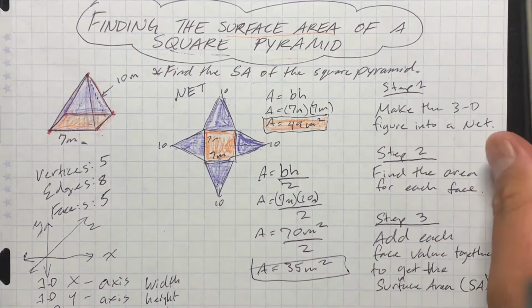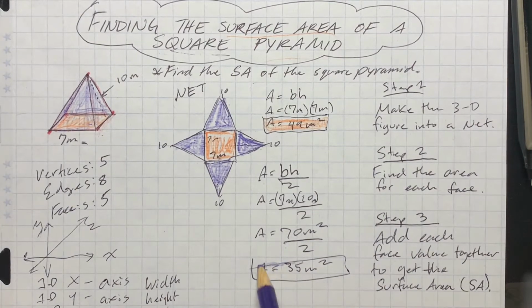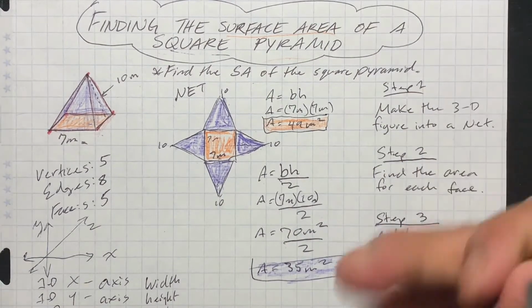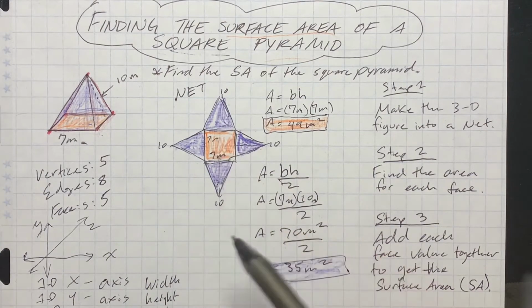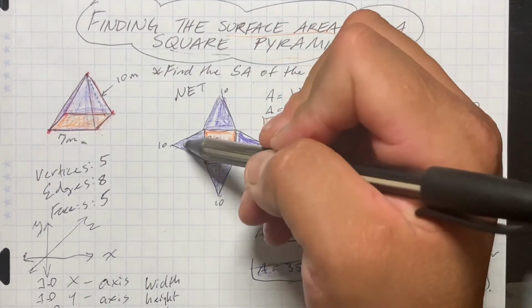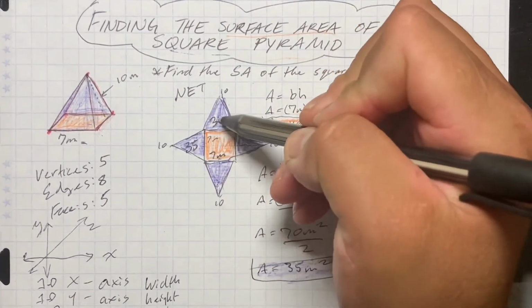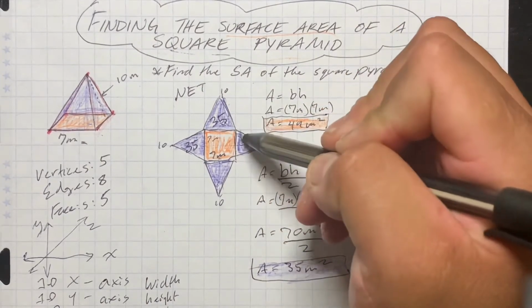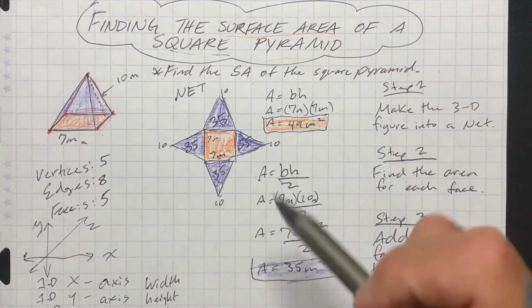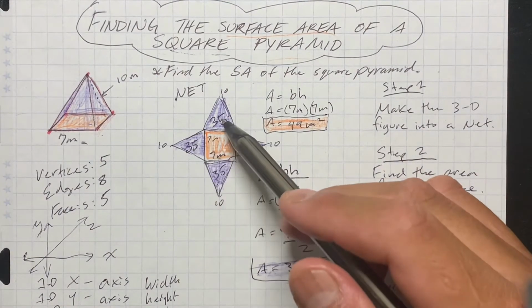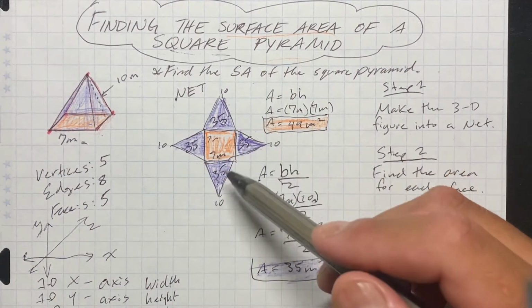Now that's going to be the area for only one of these faces. But how many purple triangles do you see? Let's count them. 1, 2, 3, 4. So each purple triangle is 35 meters squared. You can add them all together. 35 plus 35 equals 70.